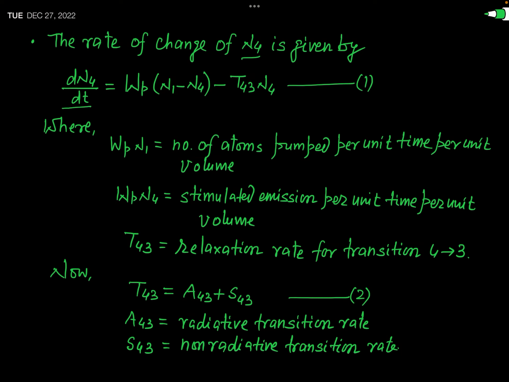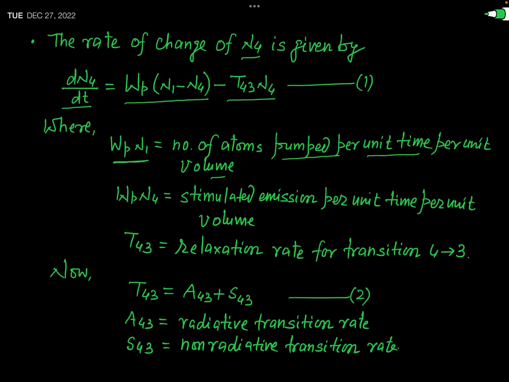We have learned how to write the rate equations in the previous lecture. This will be given as dN4/dt equals Wp times N1 minus Wp times N4 minus T43 times N4. Here, Wp times N1 is the number of atoms pumped per unit time per unit volume, that is, the number of atoms raised to level 4 in unit time per unit volume.